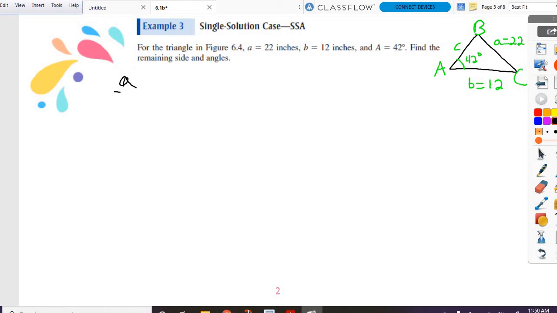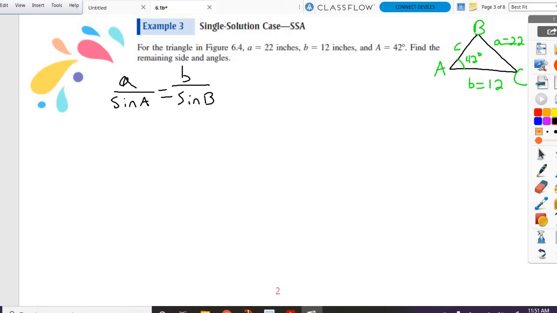So little a over sine of big A. But then remember, in order to be able to solve for another variable, we have to have at least one of the parts. And since they also give me little b, we know that that's going to be our second ratio. Are we all okay with that?